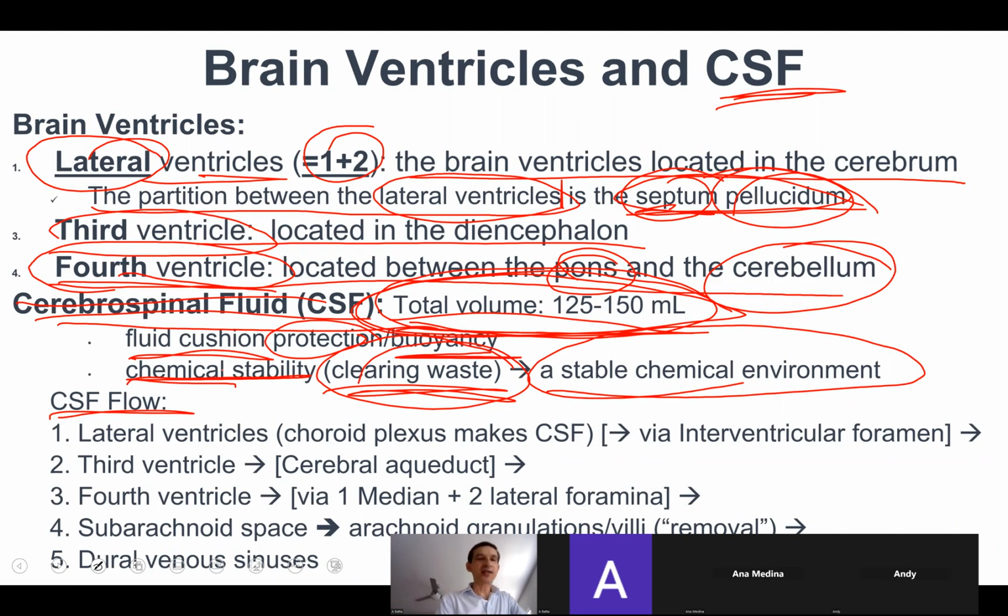CSF is made in the choroid plexus of the lateral ventricles and flows to the third ventricle, where more CSF is made. The ventricle is smaller, so obviously less CSF is made, right? And from there, it flows down to the fourth ventricle where some more CSF is added.